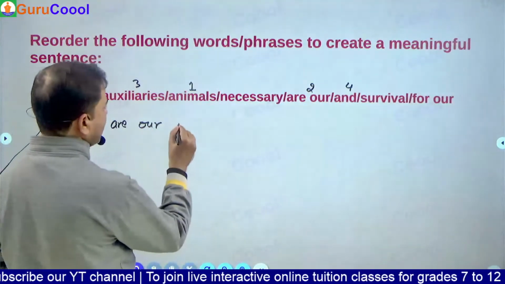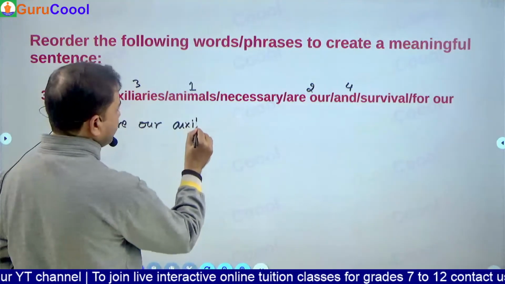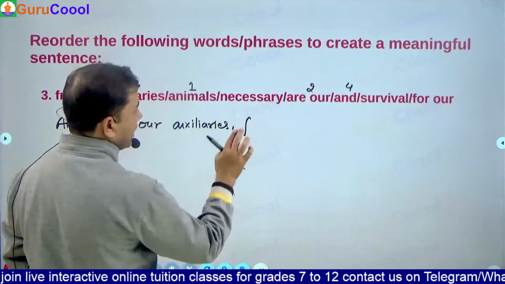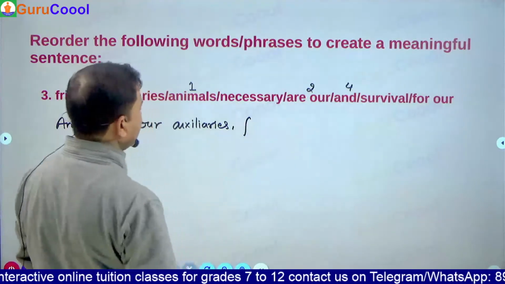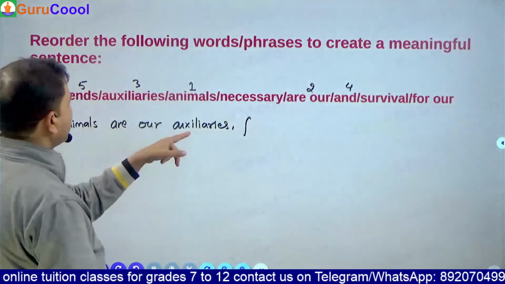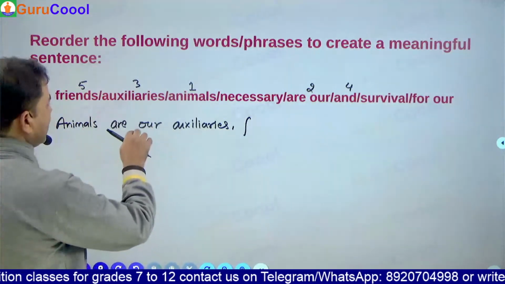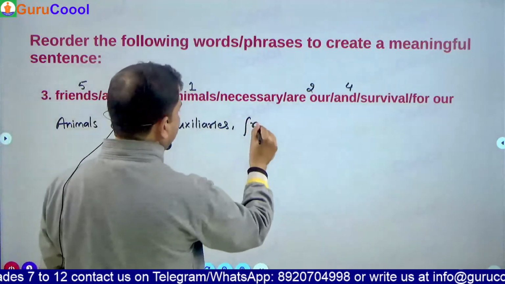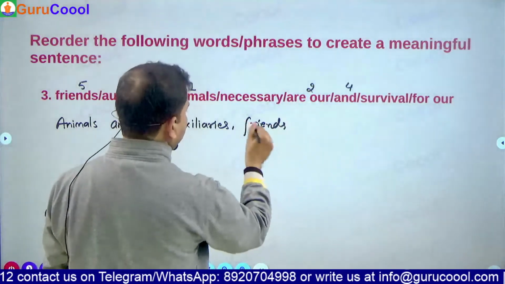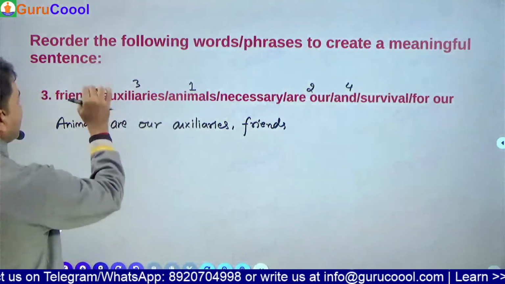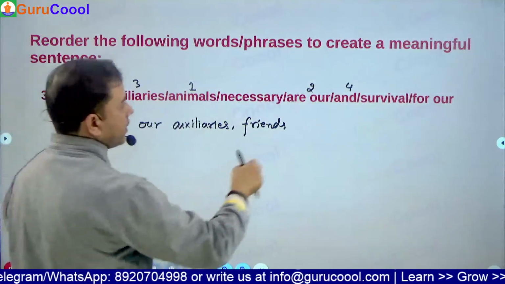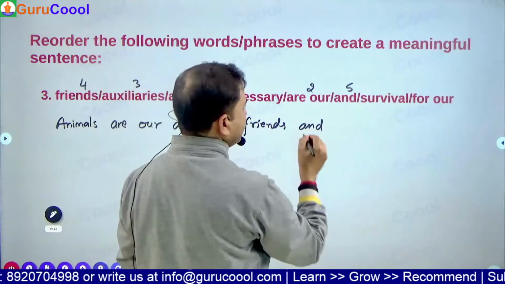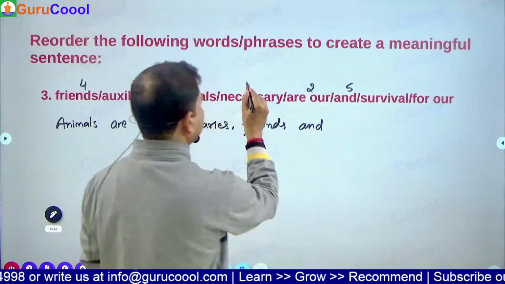Animals are our auxiliaries, friends. Now "and" will come later. One, two, three, four. Auxiliaries as the third one. Friends, fourth, and came here at the fifth position, and then necessary, sixth.